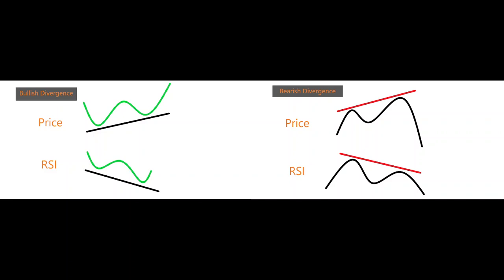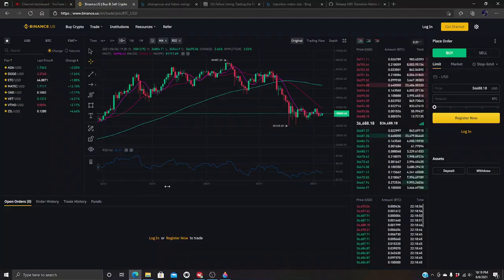So, you can see on the regular charts, let me see if I can pull that up real quick. One moment. Let me do that for you. And you will see it. Okay.